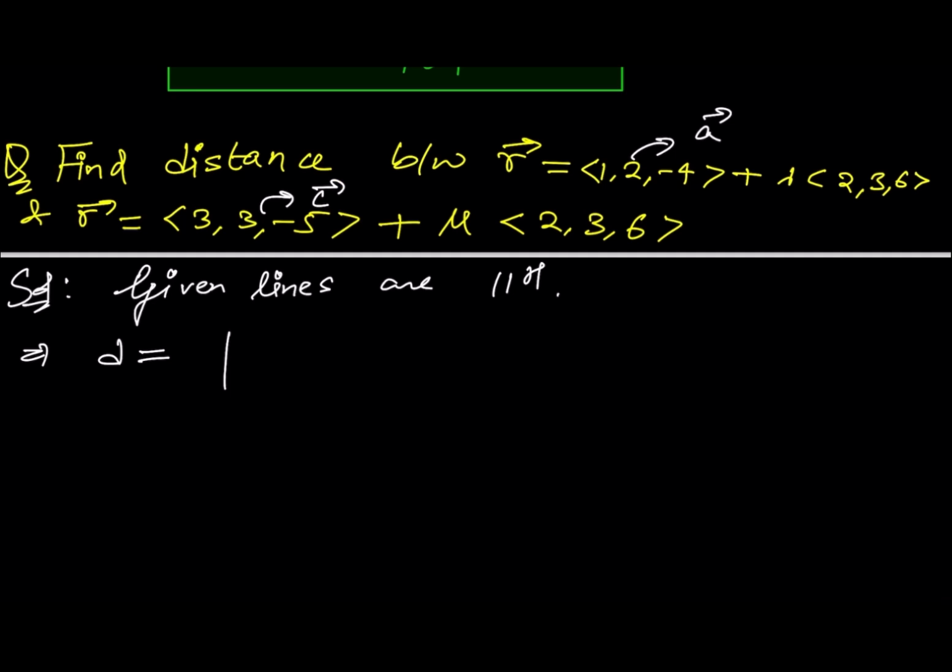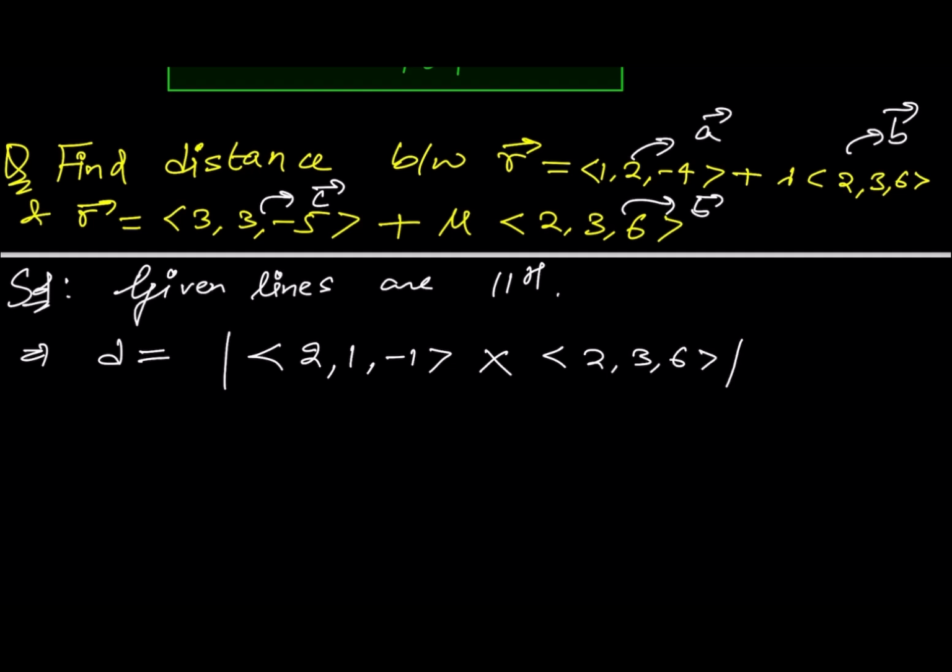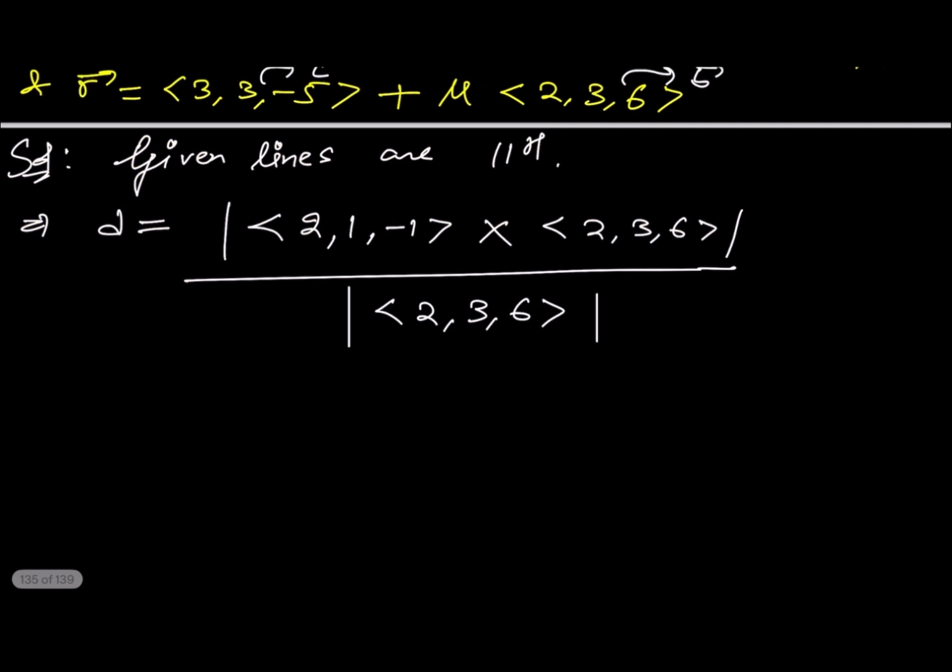So C minus A, which is 3 minus 1 is 2, 3 minus 2 is 1, minus 5 plus 4 is minus 1, cross B vector. This is B vector, right? Cross B 2, 3, 6 upon mod of 2, 3, 6.